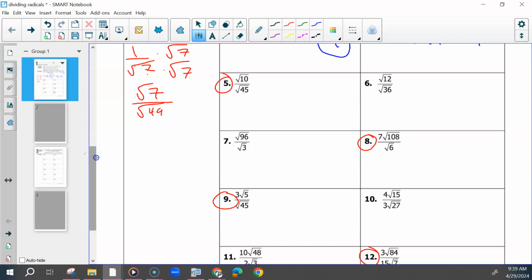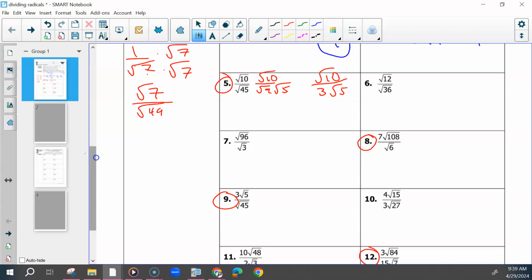If we were to simplify the square root of 45, what's the highest perfect square that goes into 45? 9. Okay, so that would become the square root of 10 over 3 root 5.